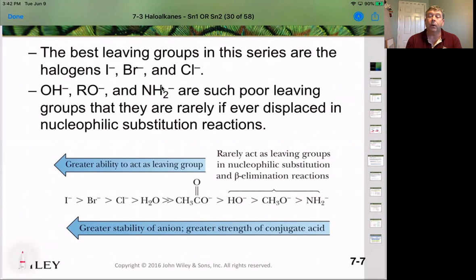Next are delocalized anions like the acetate anion, but then things with hard anions like hydroxide, the basic salts of alcohols and amines are very poor leaving groups because those are very strong bases and therefore they do not like to be eliminated during these reactions. So our relative ability to leave has everything to do with the strength of the conjugate acid.